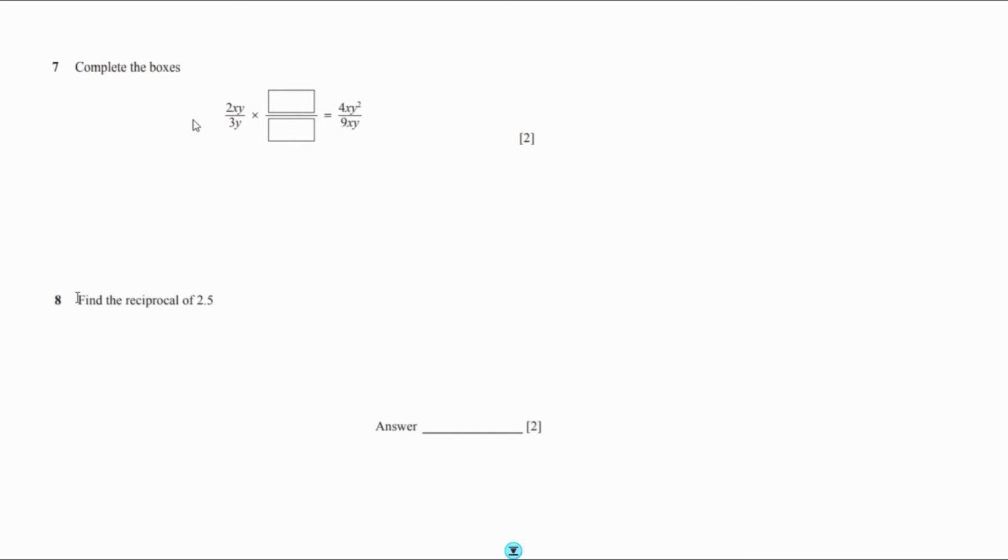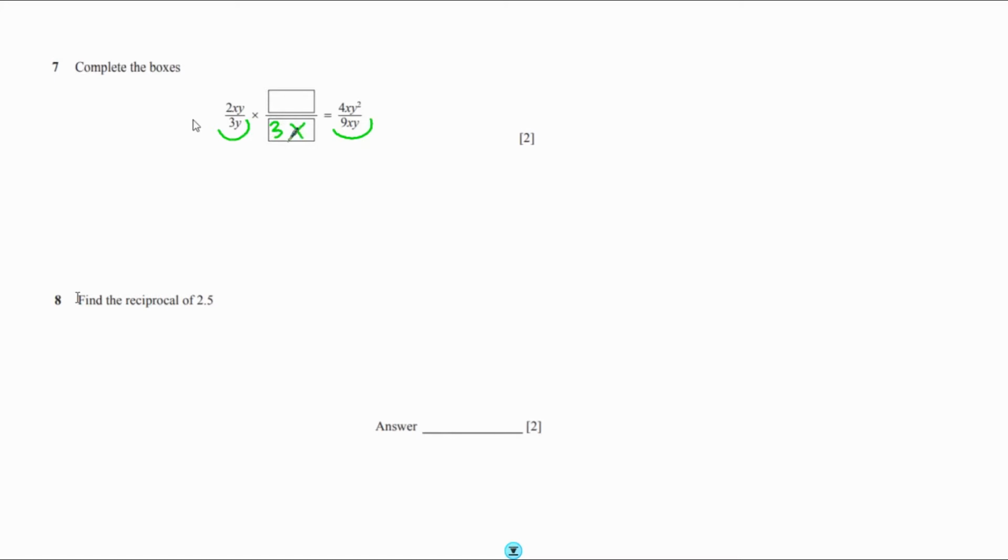Complete the boxes here. 2xy over 3y times a fraction gives 4xy squared over 9xy. So 3y times what would give us 9xy? 3 times 3 would give us 9. We already have the y there, so we need to add another x.